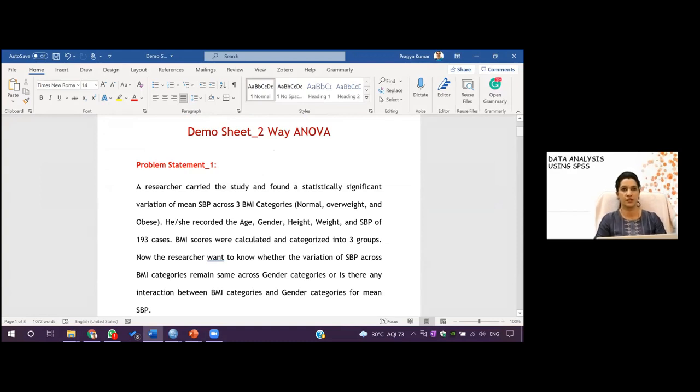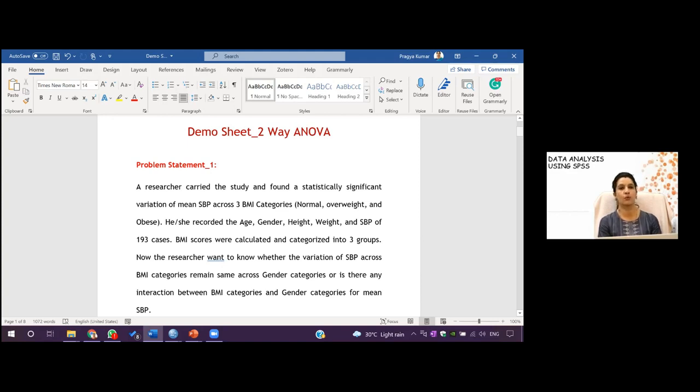So this is the question. A researcher carried out a study and found a statistically significant effect on mean systolic blood pressure across 3 BMI categories. I think you have done that in the one-way ANOVA. The 3 categories of BMI are normal, overweight, and obese. He or she recorded the age, gender, height, weight, and SBP of 193 cases, and the BMI scores were calculated.